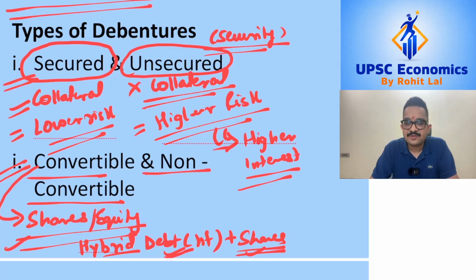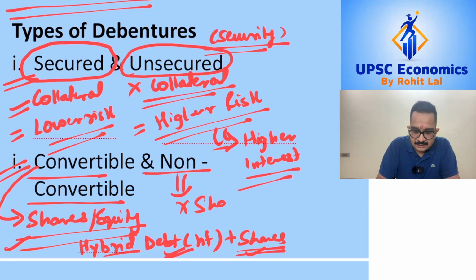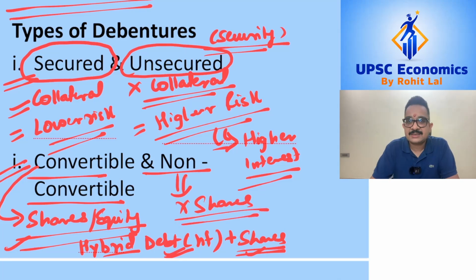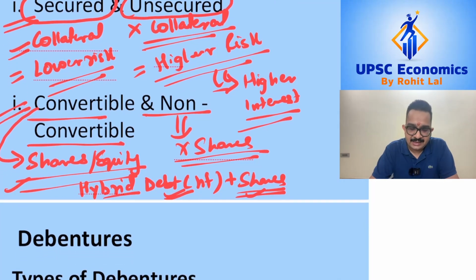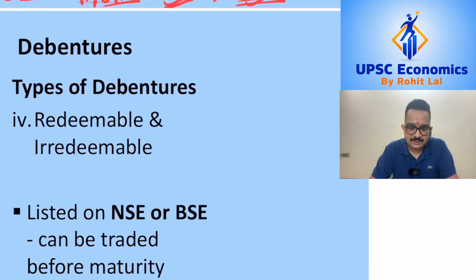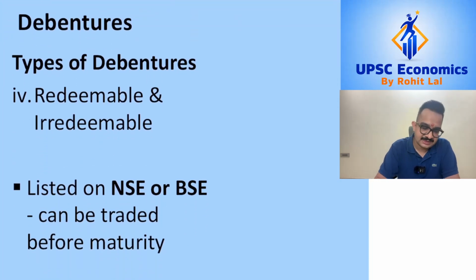On the other hand, non-convertible debentures are regular debentures which pay periodic interest and return the principal amount on maturity, and on maturity they cannot be converted into shares. So the ability to convert into shares or not is the second criterion based on which debentures can be differentiated.